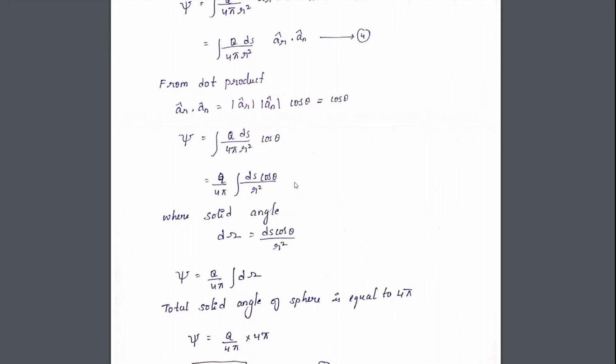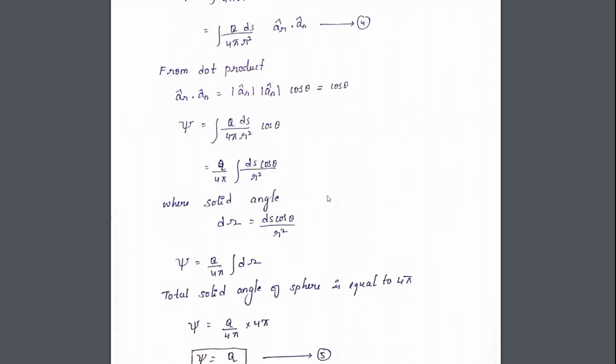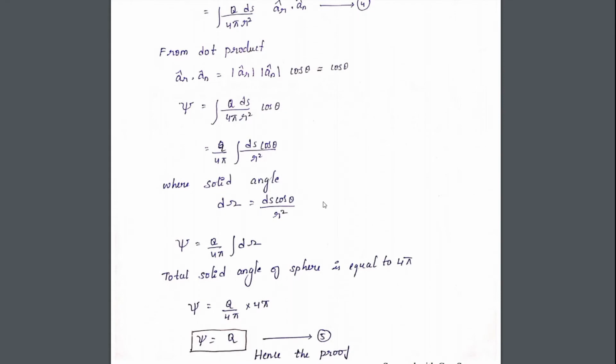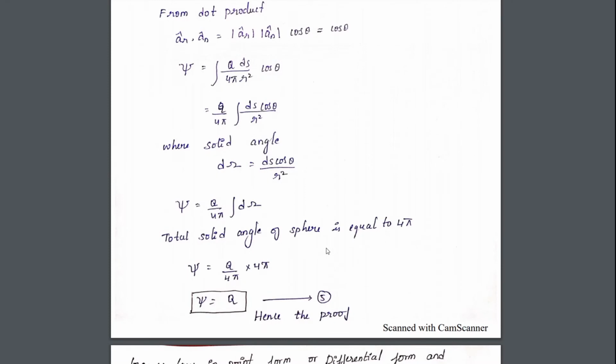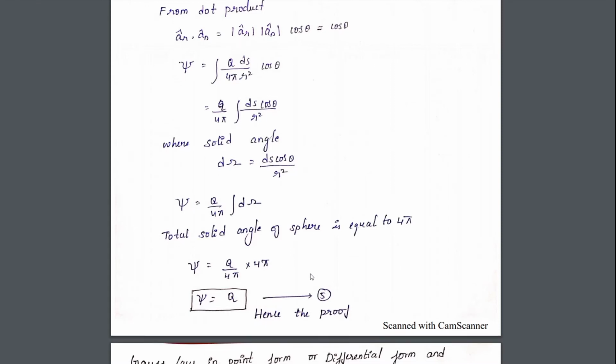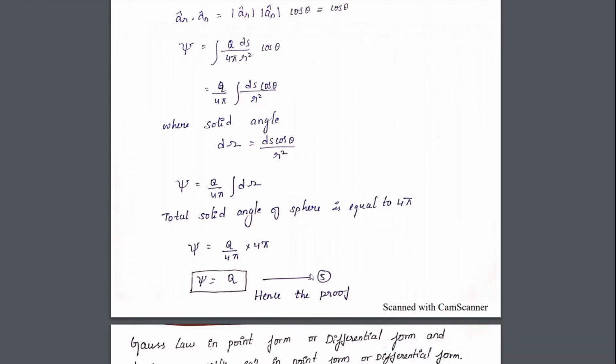So all these three terms can be changed to d omega here. And since you're considering a sphere, the integral of d omega is always equal to 4 pi, the total angle of the sphere. So replace this angle by 4 pi.